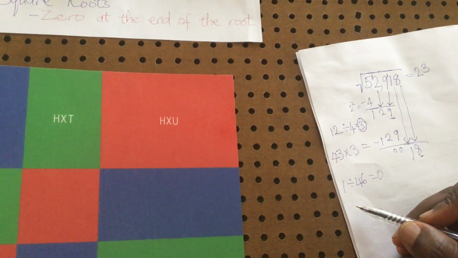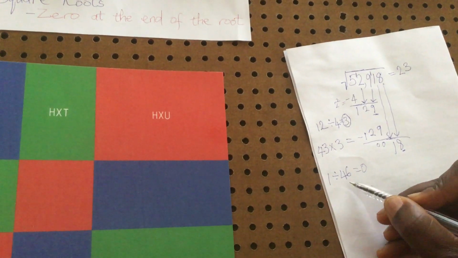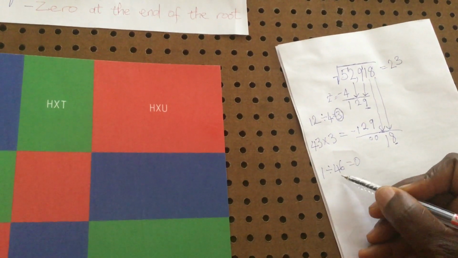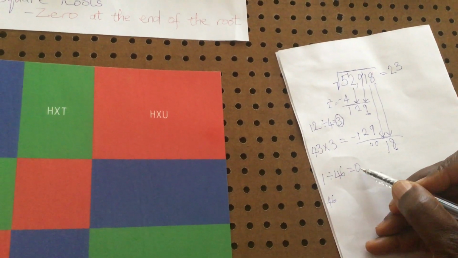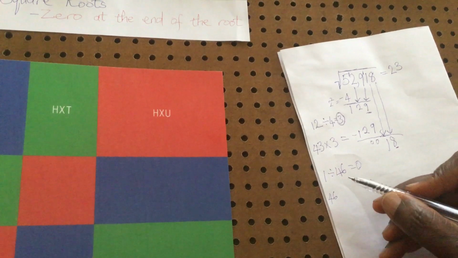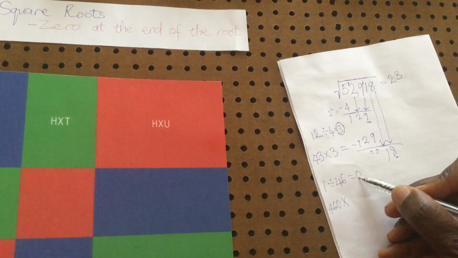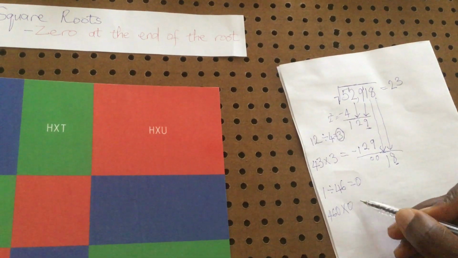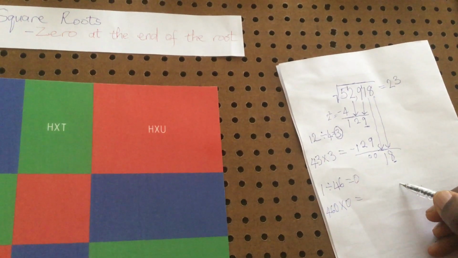So to calculate what we would have used up, we use our rule. Our trial divisor here is 46. Attach our root here to it as 0. We multiply by the root 0, which equals 0.